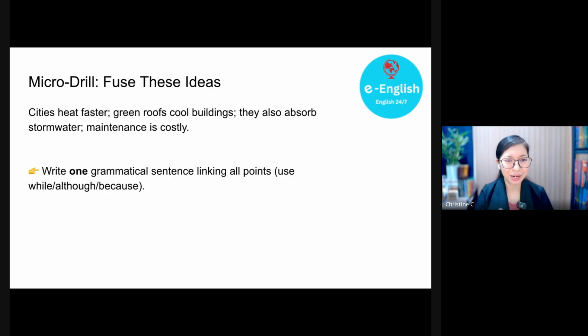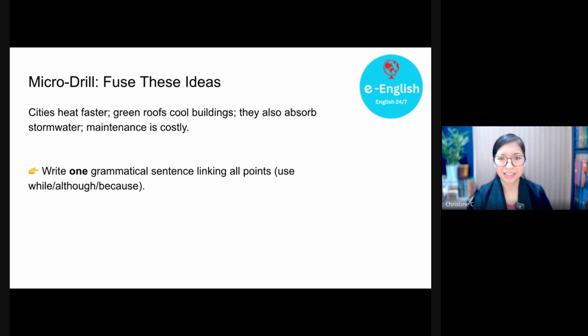Okay, so Rajib or Jade, you may try. Use these ideas and fuse them together into one sentence that links all the ideas. I'll show you the answer on the next page. But for now, let's try. Okay, so what do you think?